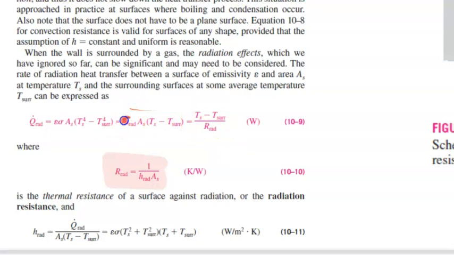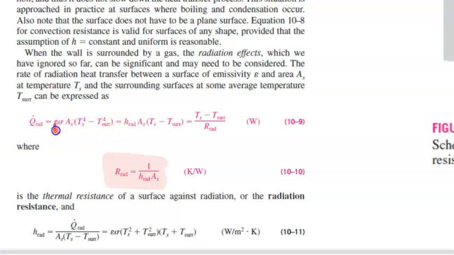If you got a constant of radiation and the area of the surface, you multiply that with the difference between the temperature of the body and the temperature of the surrounding. That will give you the answer as well. The other equation, which is a little bit more complicated, is given by Ts to the power 4 minus T surrounding to the power 4, times area.